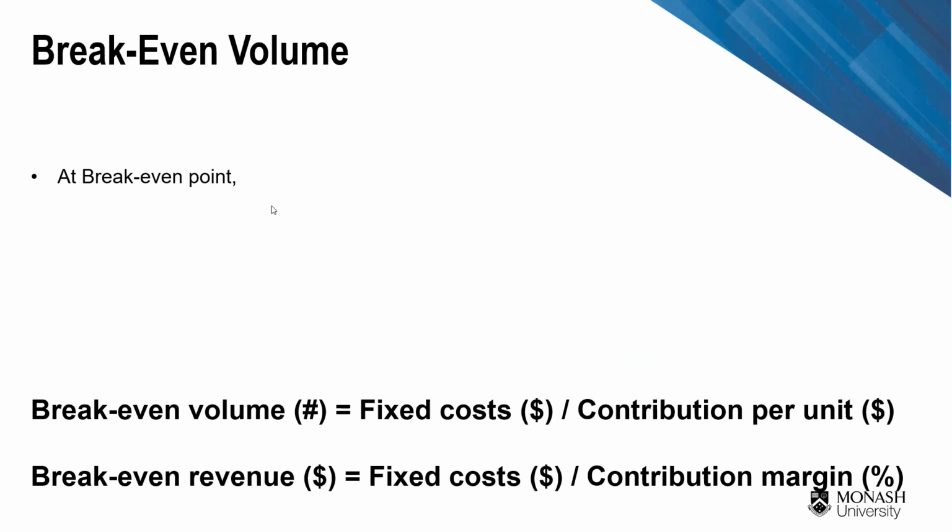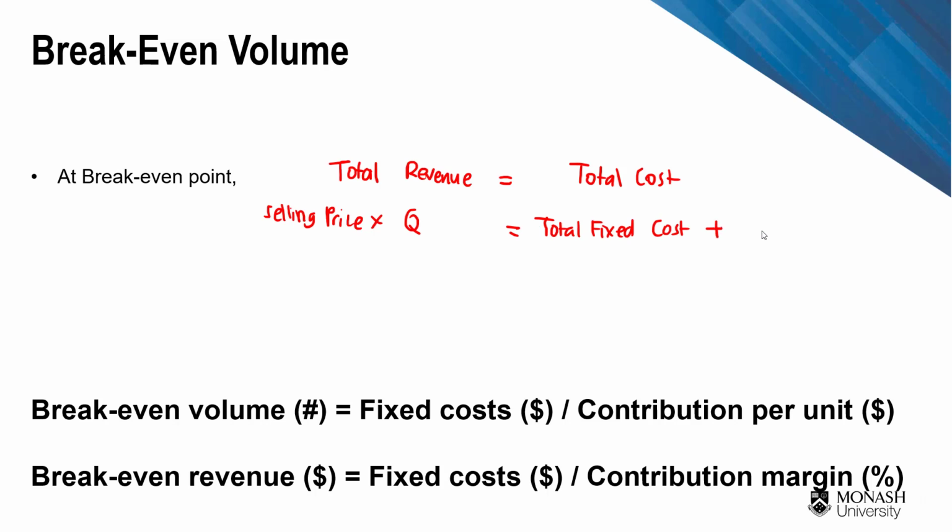Okay, so what I'm going to do here is some sort of a decomposition of the formula. Just try to follow me and hopefully you'll understand this. At a break-even point, we know that total revenue is equal to total costs. Total revenue is equal to selling price times quantity. That's equal to total fixed cost plus unit variable cost times quantity.